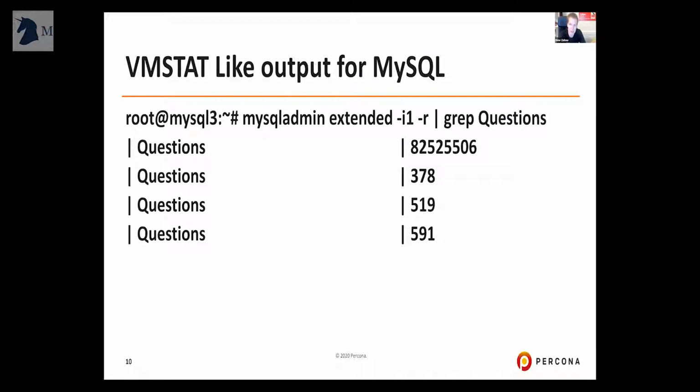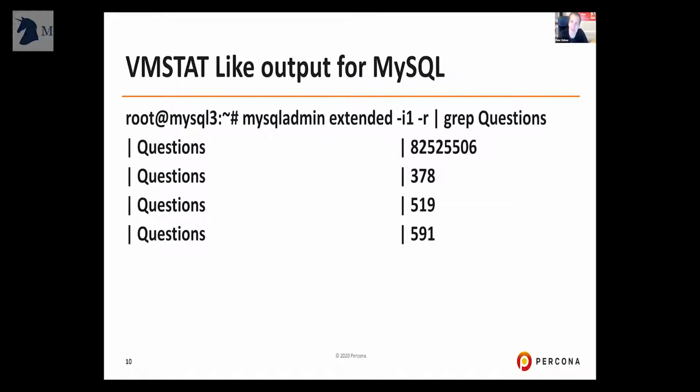Like in this case, I'm running mysqladmin extended -i1, that means iterate every second, -r, that means print the relative values, and it shows me what I had, a gazillion queries since the start, which is the first line, and then 400 to 500 queries every second, which is helpful.